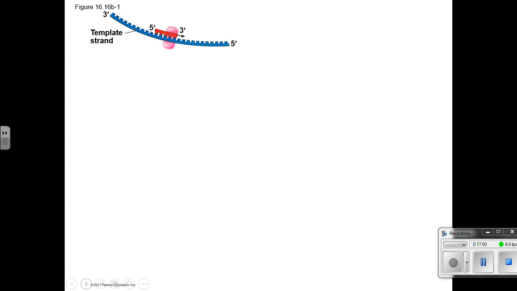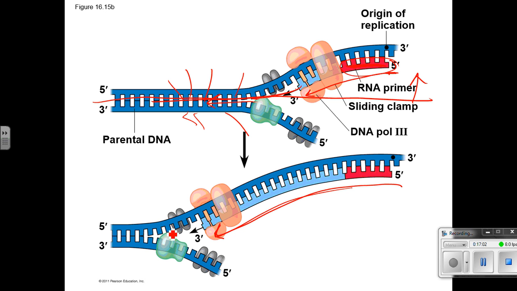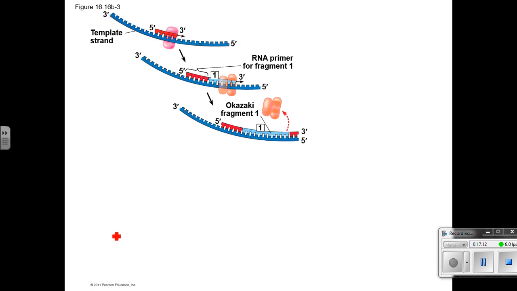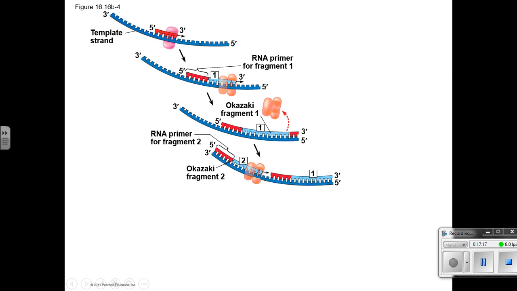Well, what's interesting is, on the other end, here, if we start synthesizing 5' to 3', what about back here? So we're going to keep going. But at some point when we start synthesizing this way and we're unzipping back here, we're going to have pieces that have to be resynthesized.